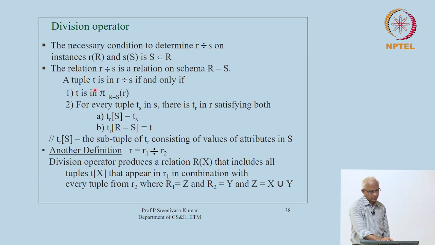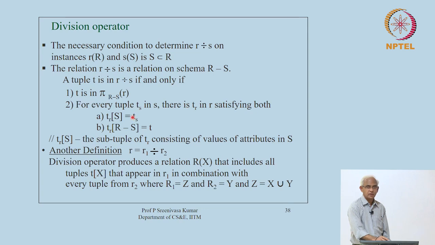T belongs to the R minus S portion of R, and for every tuple Ts in S, there is a Tr in R such that the Tr R minus S portion is T and Ts S portion is this particular Ts.